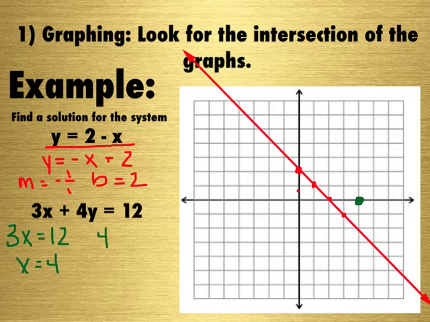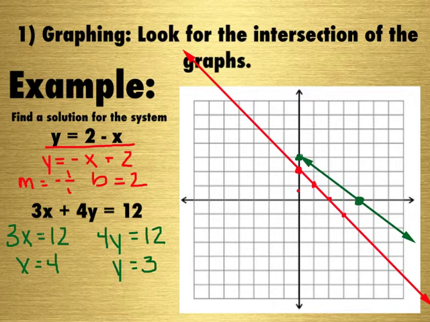And then if I want to find my y-intercept, I make x 0, so 4y equals 12, y equals 3. And we will go ahead and graph those by drawing a line through the 2 points. Extend out. And we can look for where our 2 lines cross.